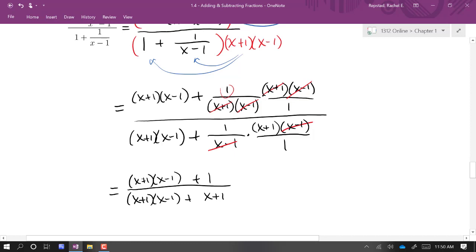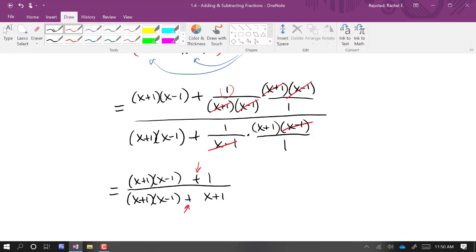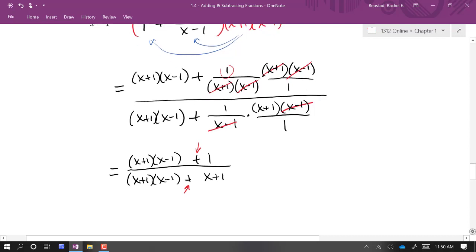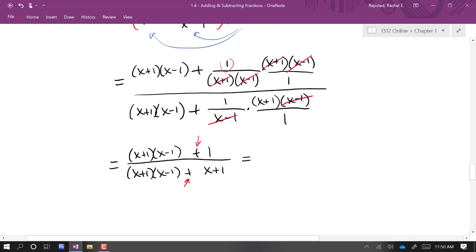They're just a product that's part of a sum that we're adding. So we have to be careful here. What we're going to do is expand. Let's expand these products. x plus 1 times x minus 1 is x squared minus 1. And then we have the plus 1. On the bottom, x squared minus 1 plus x plus 1.